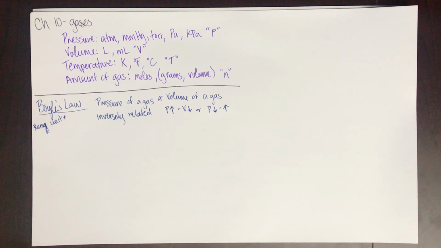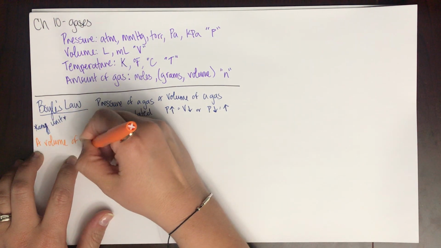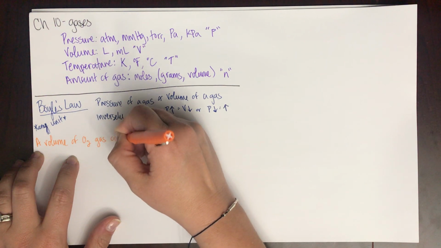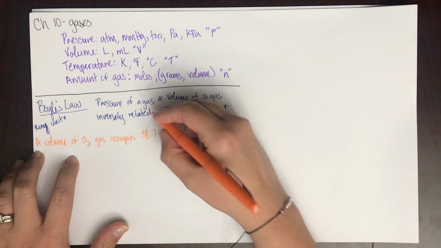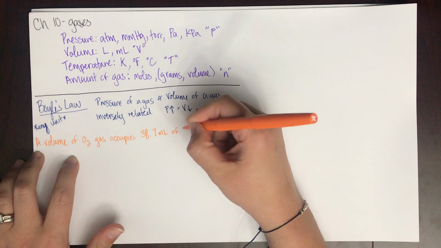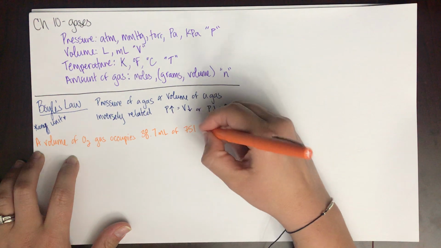So we would just use whatever units are given to us in the problem. This problem says, I'll just write it out for us: a volume of oxygen gas occupies 38.7 milliliters of space at 751 millimeters of mercury.